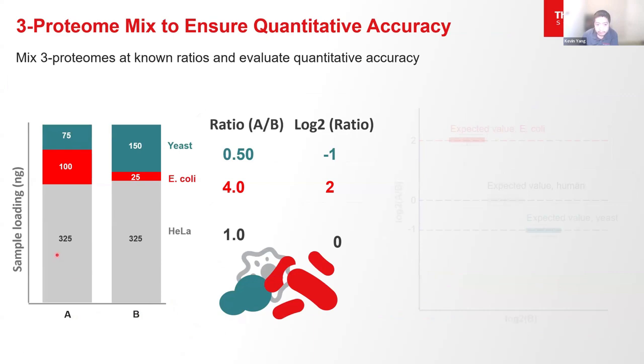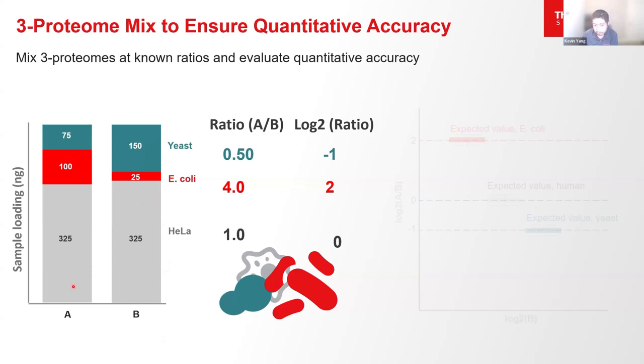In mixture A, we have 325 nanogram of HeLa digest. On top of that, we spike in 100 nanogram of E. coli and 75 nanogram of yeast. For mixture B, we also have 325 nanogram of HeLa digest, but we spike in 25 nanogram of E. coli and 150 nanogram of yeast digest.